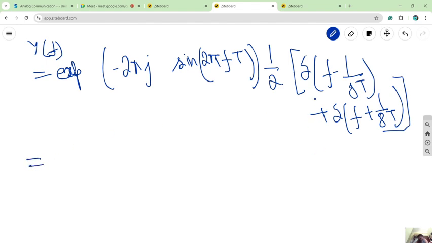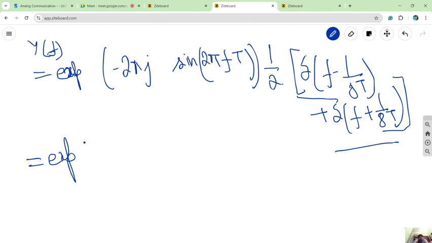Similarly, using the property of the delta, we can write it as exponential; it will only exist for 80. If the value of f should be 1 by 80, we have to replace it by that.